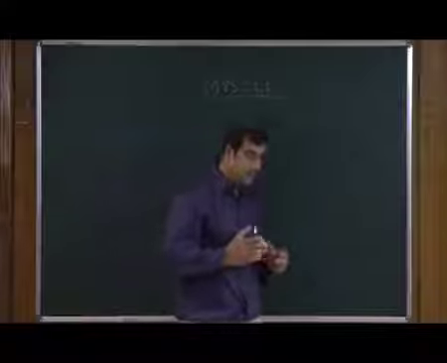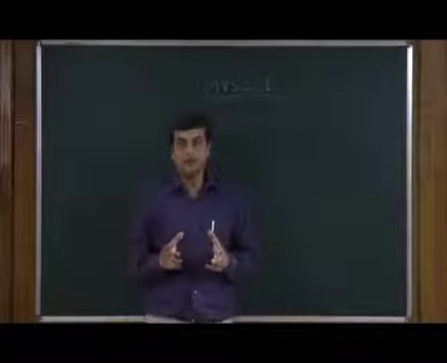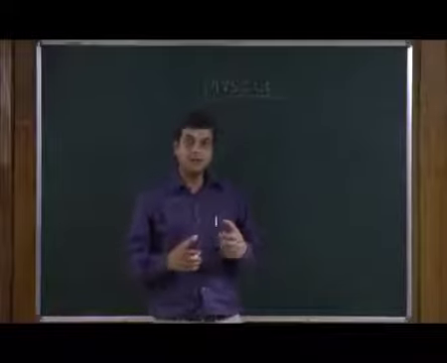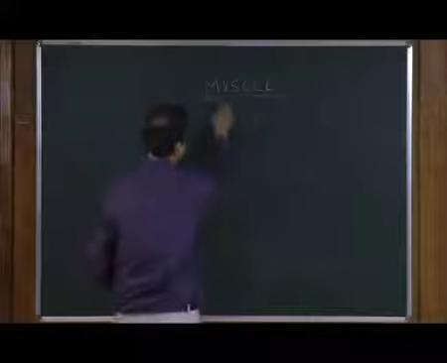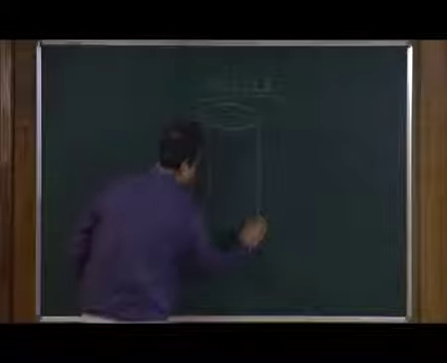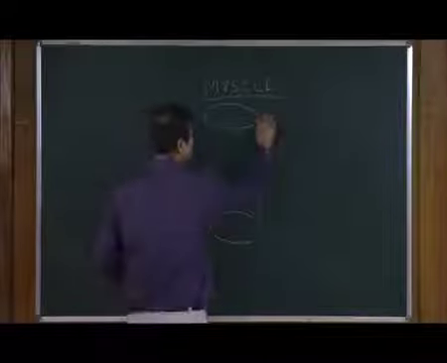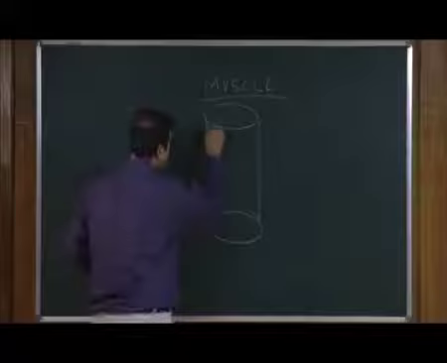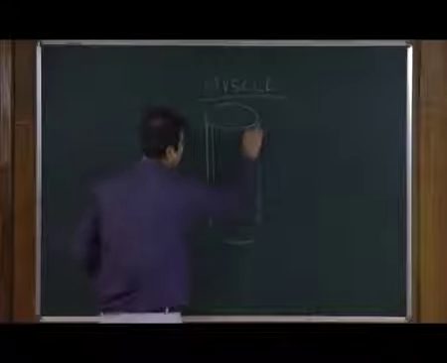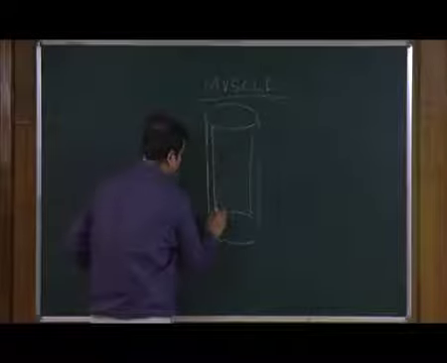Now, before going to discuss about this muscle, let me give you some idea about the basic structure of the whole body. Now, if we consider the human body like a cylinder, a hollow cylinder, and this cylinder is having an outer covering, and of course we have a middle, and then we have something called inner.